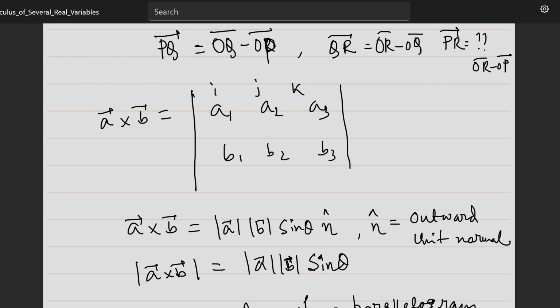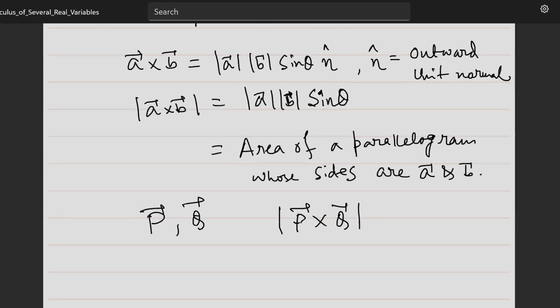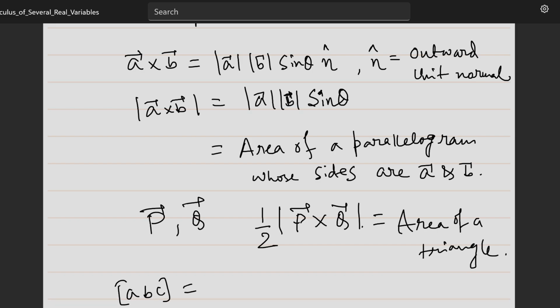For the area of a triangle, you take half of it. Okay, so like that you have to solve. Similarly, the volume of a parallelepiped is the box product of A, B, C. As I told you, A dot B cross C is the volume of a parallelepiped.